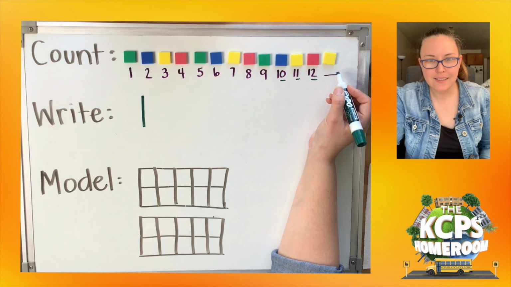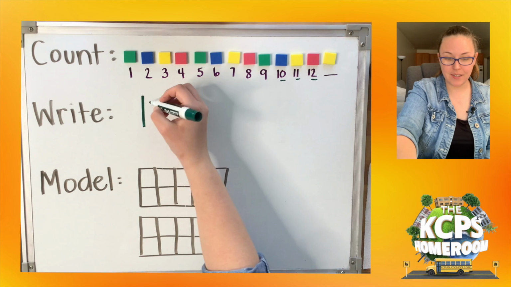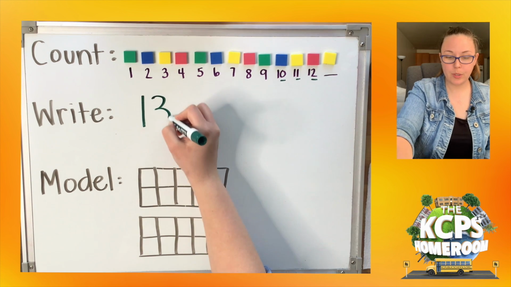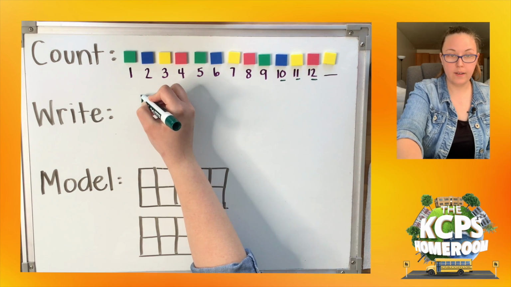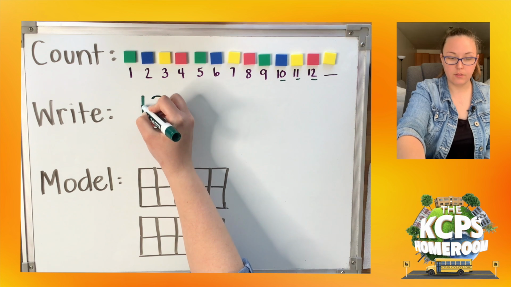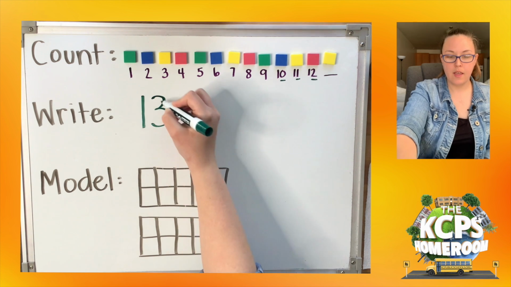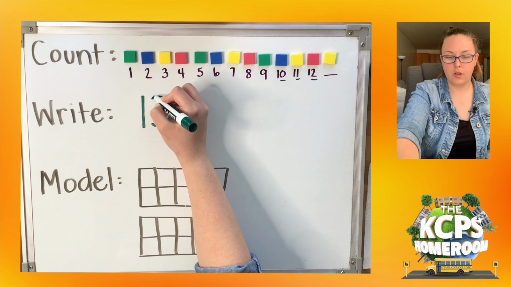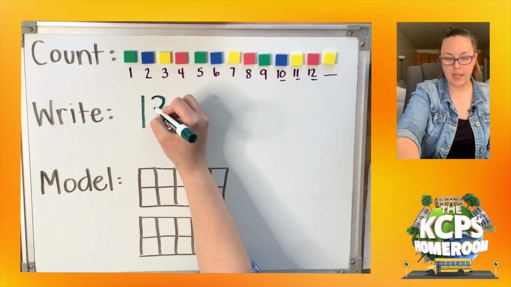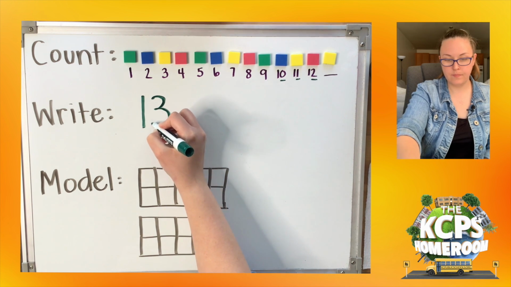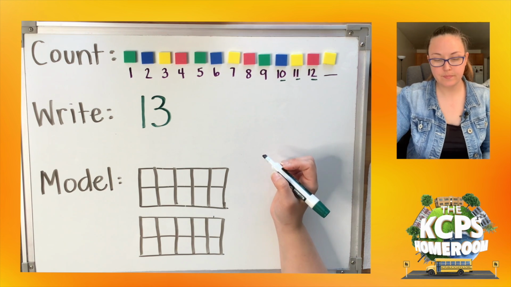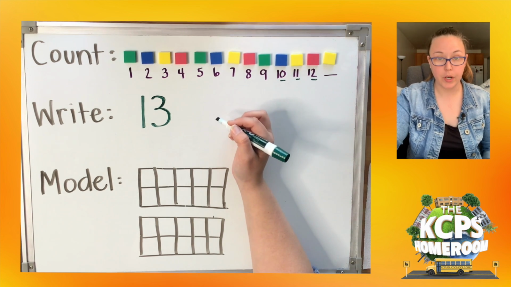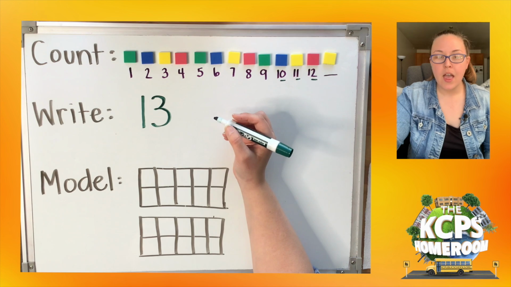What comes next? That's right, 3. Great job. So 13 looks like a 1, start at the sky, go down to the ground, and a 3. Go around, and that's 3.